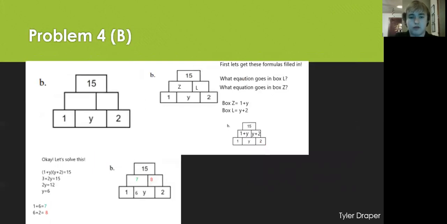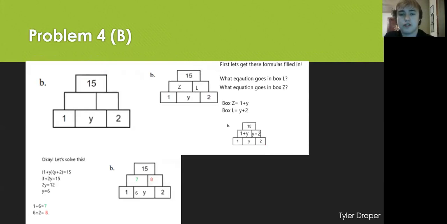All right, so let's see for B here. First let's get our formulas boxed in. For this one, I've labeled these with terms. So this box will be Z, this box will be L. Take a second just to make sure we're understanding the concepts.